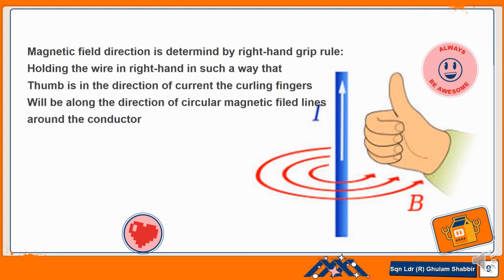If the current is reversed, in downward direction, then our thumb will be in downward direction, and the magnetic field lines will be in clockwise direction. So this is how we can find the direction of the magnetic field lines around the current carrying conductor.